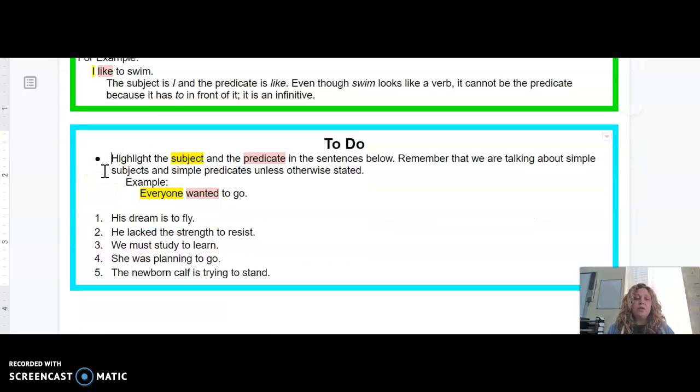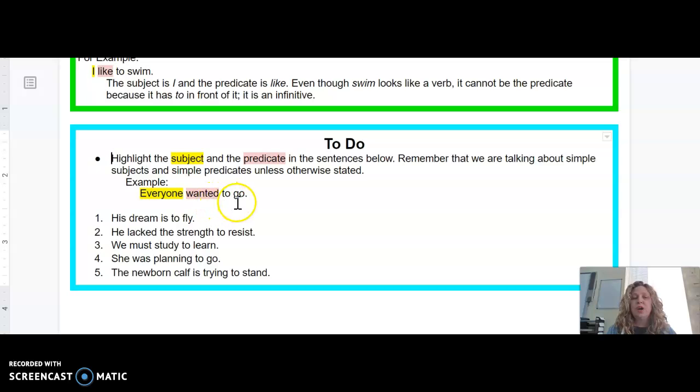So your little practice that you're going to do with this bit of information is right here. Again, highlight the subject and the predicate in the sentence. We're sticking with simple subject, simple predicate. Here's the example. Everyone wanted to go, and I identified the pronoun everyone as my subject, and then the action verb wanted.